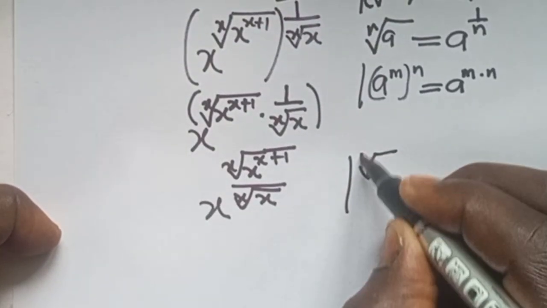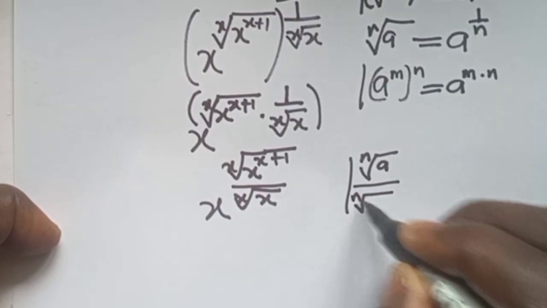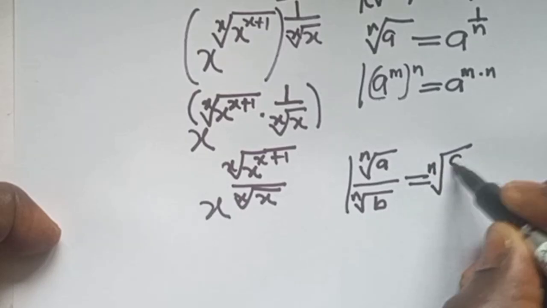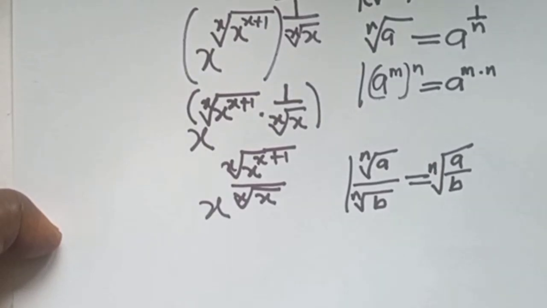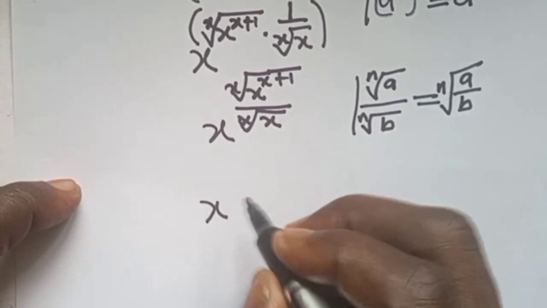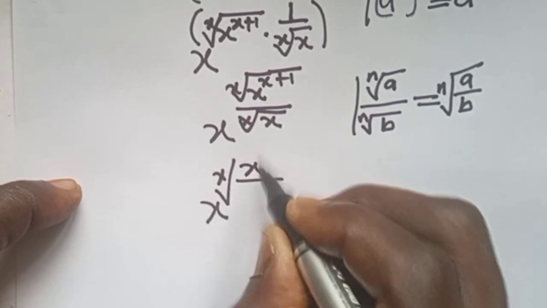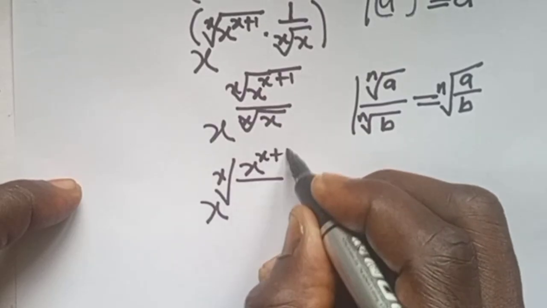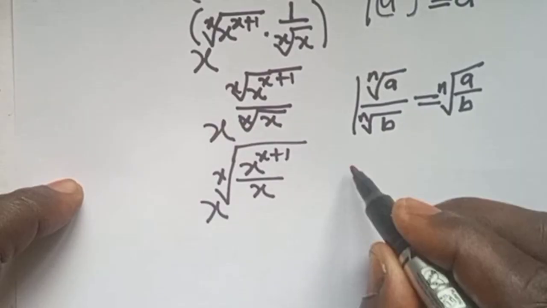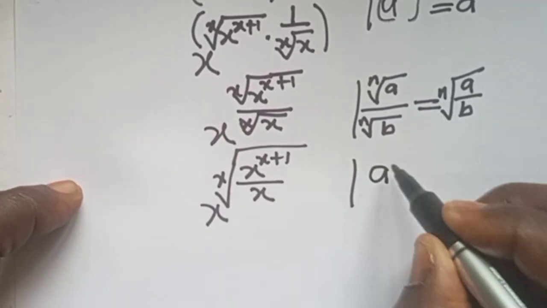Again, nth root of a over nth root of b is equivalent to nth root of a over b. So the next line becomes x to the power of x root of x to the power of x plus 1 over x.